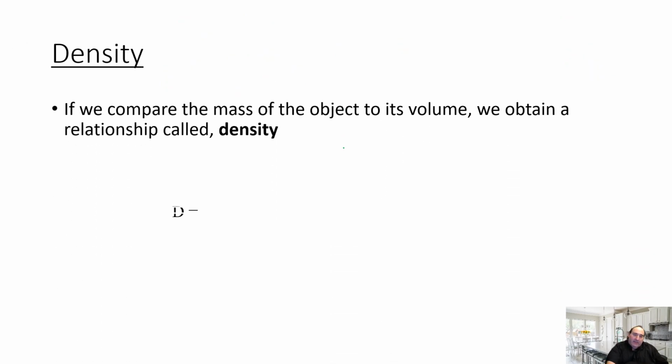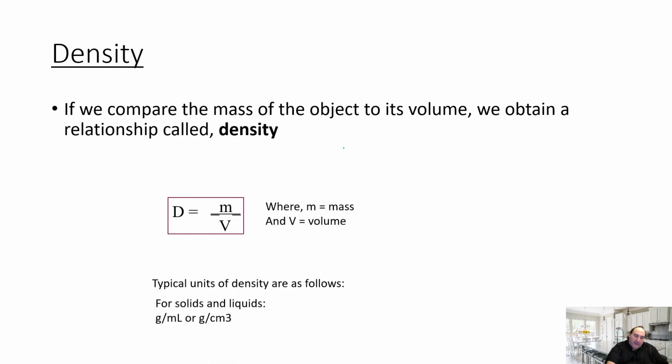The formula to calculate density is mass over volume. And as I mentioned a second ago, these are the common units that we do see for density. Density is like a formula, and we do solve for all 3 of those factors. So density is mass over volume. If you want the volume, that is mass divided by density. And if you want the mass, that is volume times density.